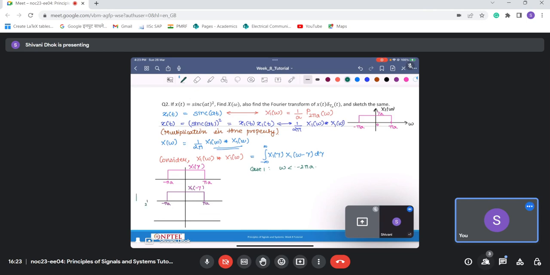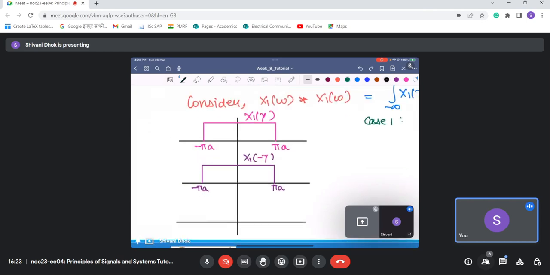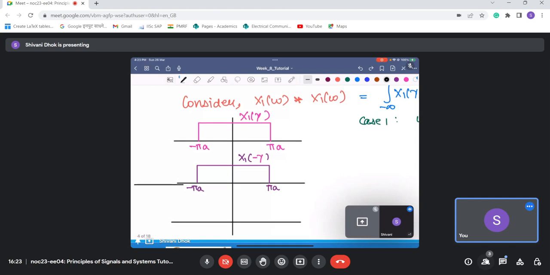This is minus 2 pi a, and this is the reference, so this is basically omega equal to 0.